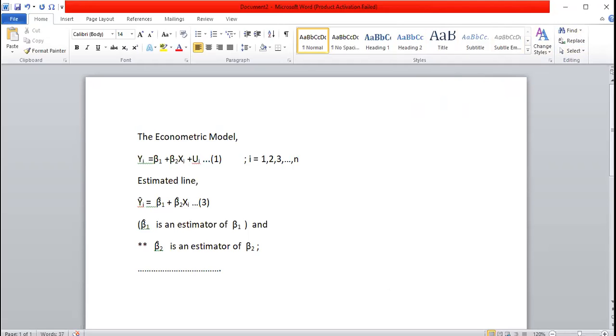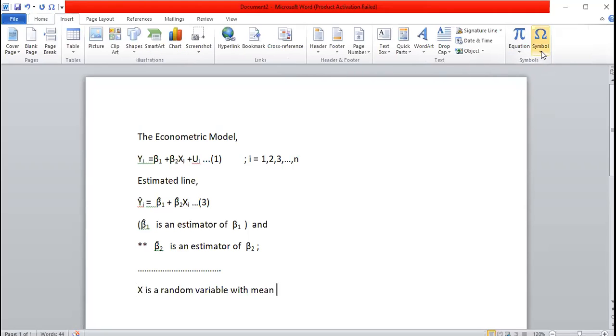I spent so much time on the statistics review. If X is a random variable with mean mu. How do you write mu here? Let me see if I can get a mu here. Yeah, I will get a mu here.